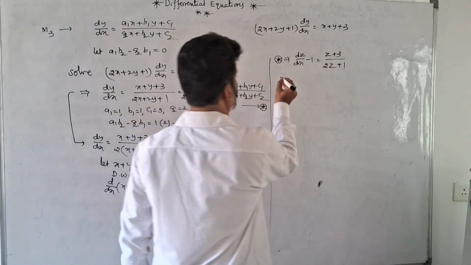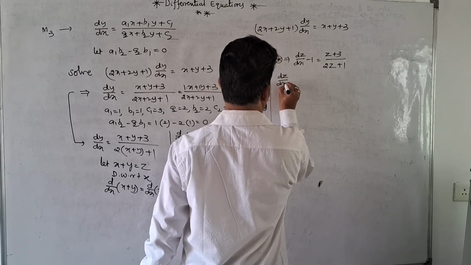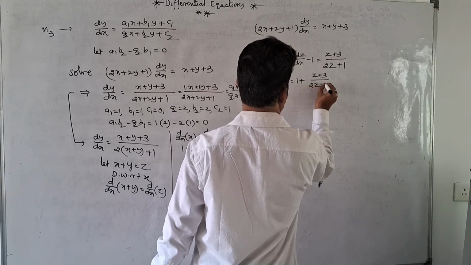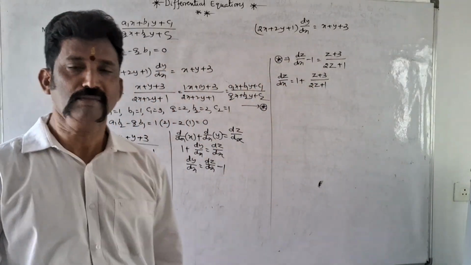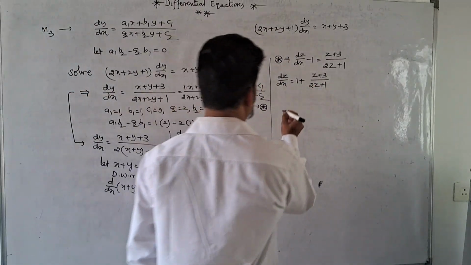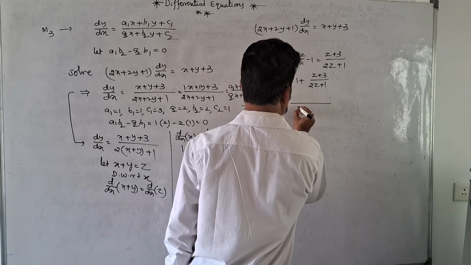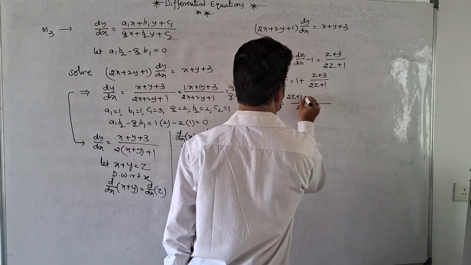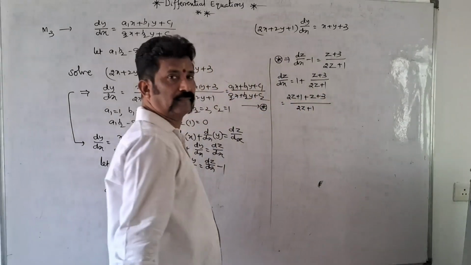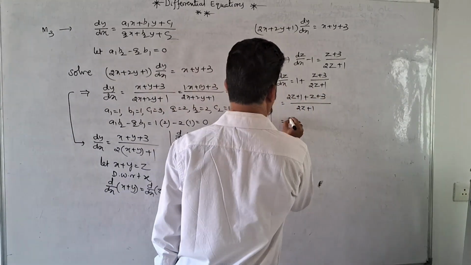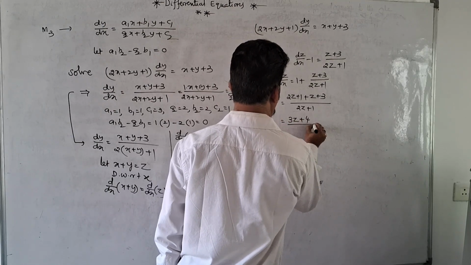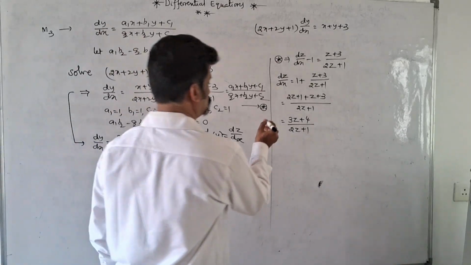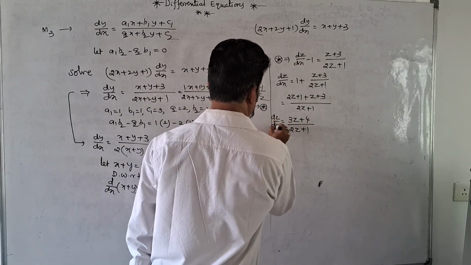Now dz by dx is equal to 1 plus z plus 3 by 2z plus 1. Taking the LCM, 2z plus 1, this is equal to 2z plus 1 plus z plus 3 by 2z plus 1. Now 2z plus z is 3z, so 3z plus 4 by 2z plus 1. So this one is dz by dx.